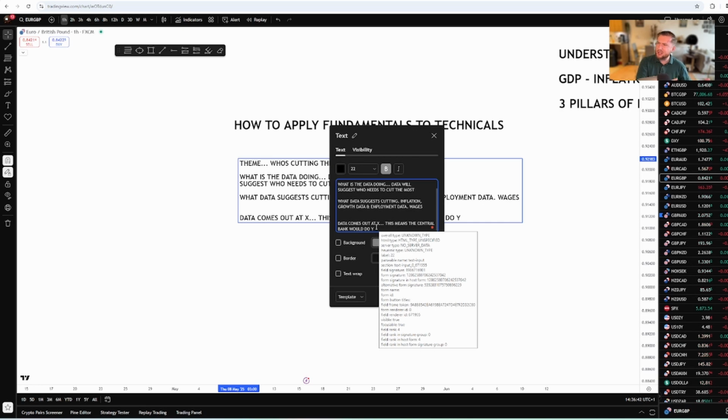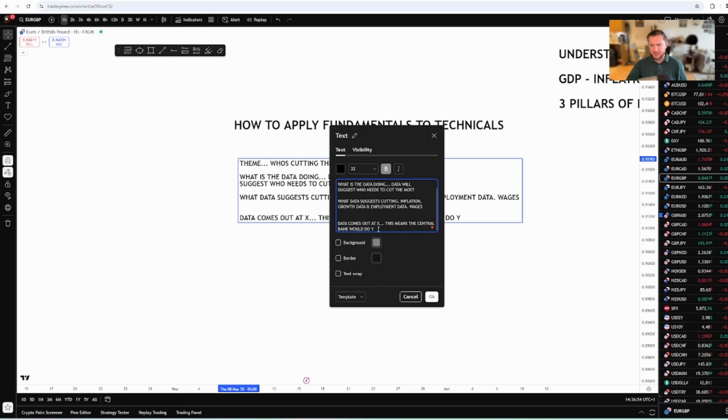Generally, hiking rates is pretty good for a currency because it offers high yield for investors. Traders will see that and buy into the economy because they get better returns. You might see videos where people say higher interest rates are bad for the economy. Technically yes, because there could be fewer loans and less growth, but that's over a really long period.